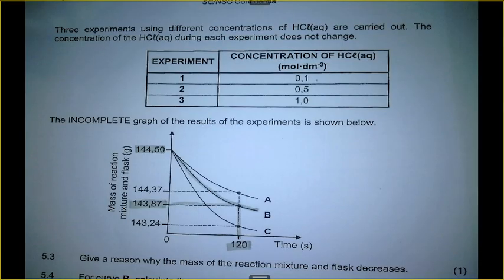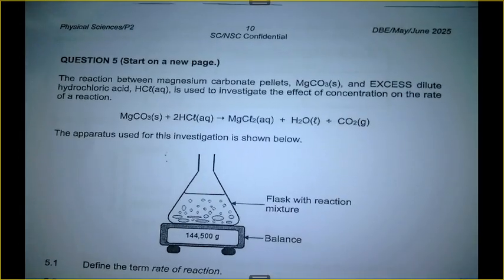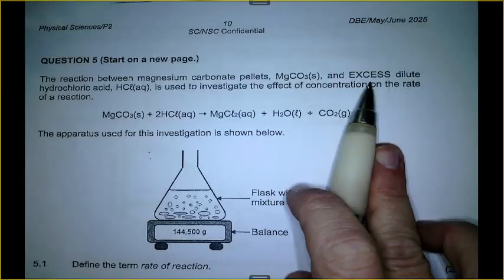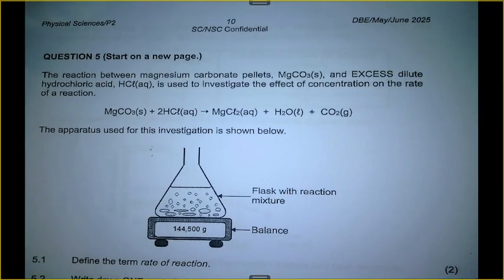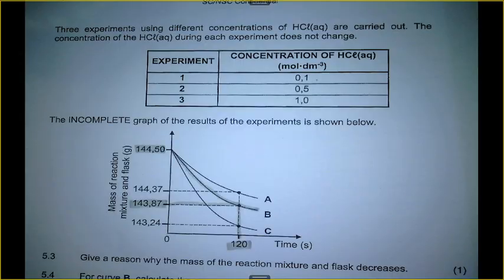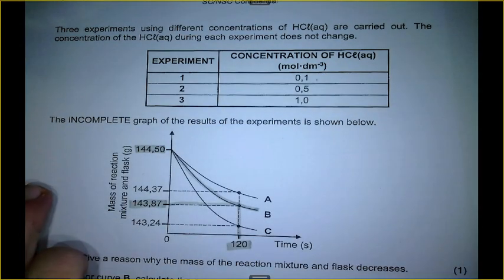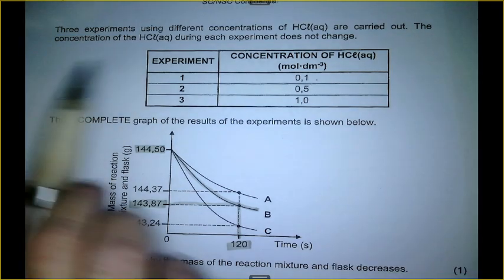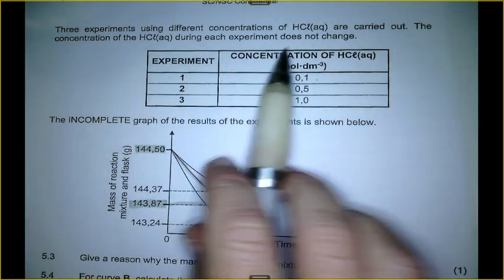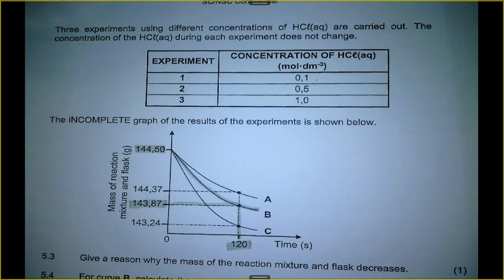We use different concentrations of hydrochloric acid, but the hydrochloric acid is always in excess. The concentration of the HCl during each experiment does not change. I don't quite know what they mean by that.